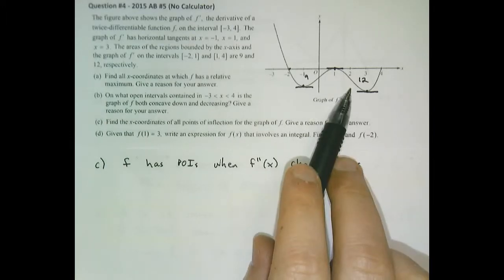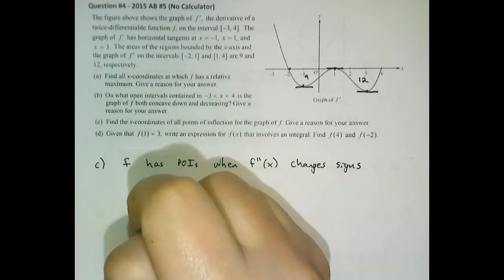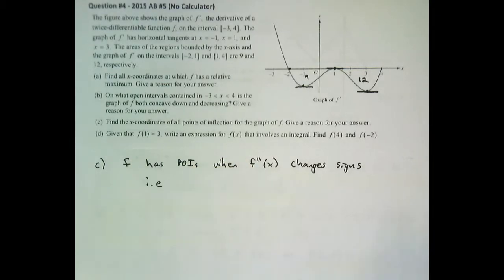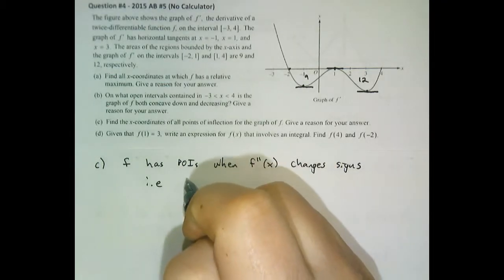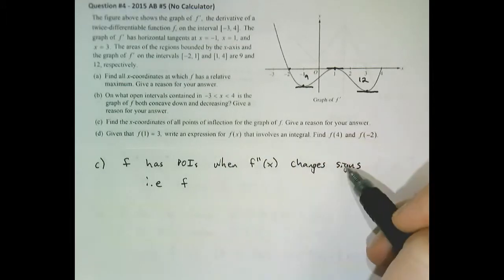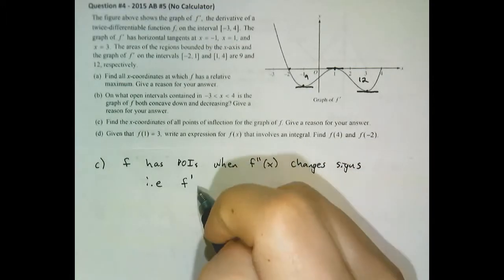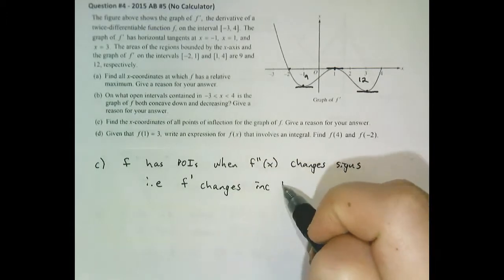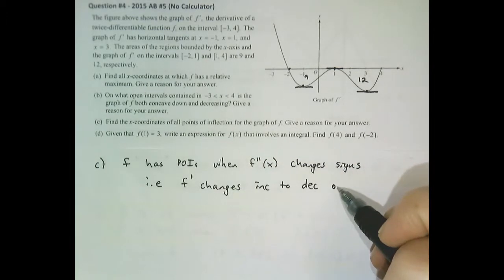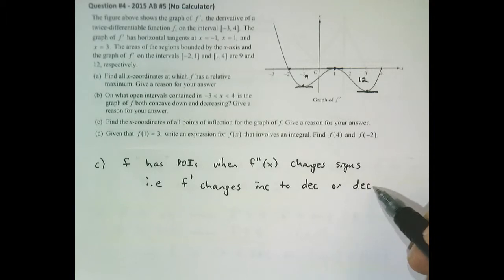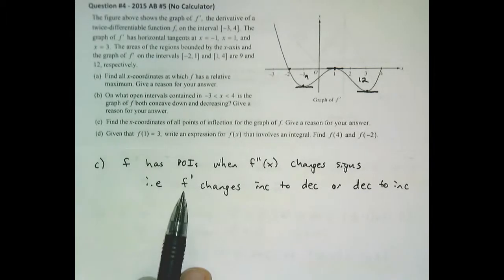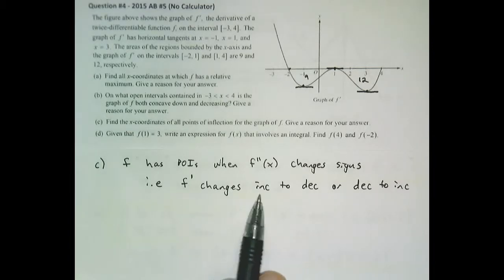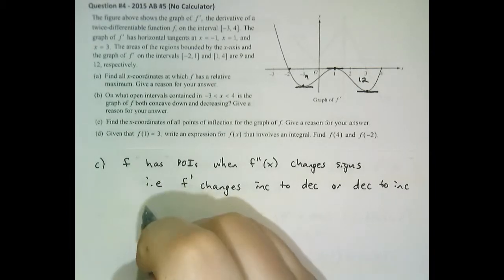We're given the graph of f prime. So another way of saying f prime prime changes signs would be saying f prime changes from increasing to decreasing or vice versa. So we're going to be looking for points where the graph of f prime changes increasing, decreasing behavior.